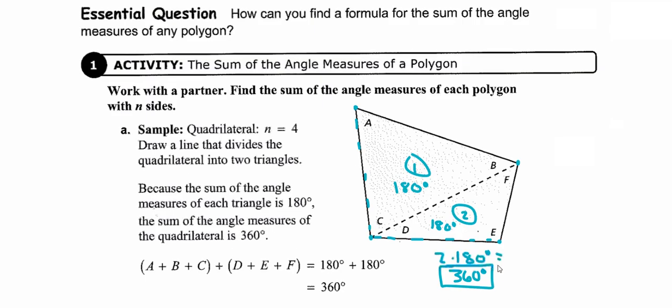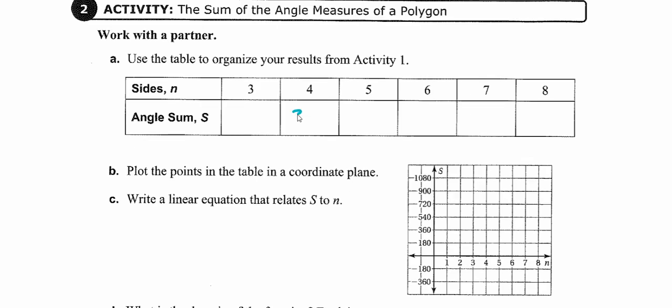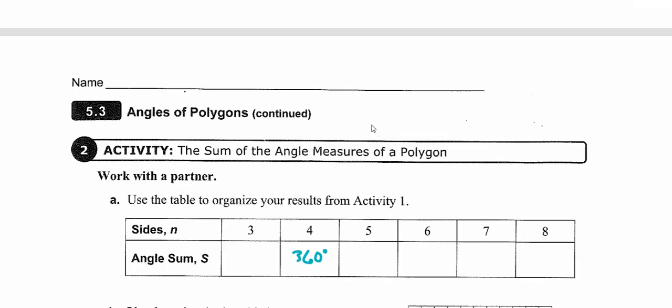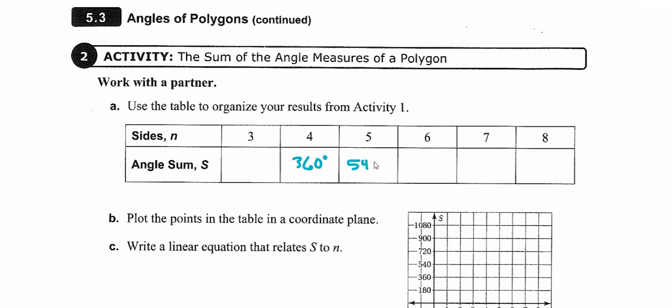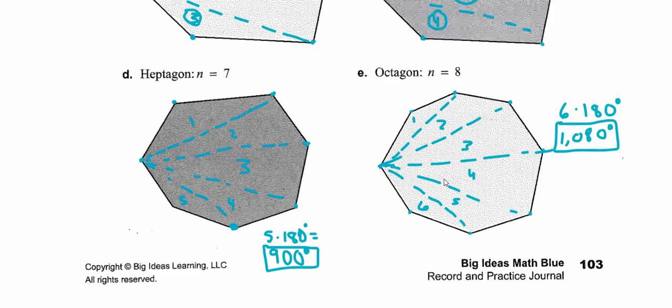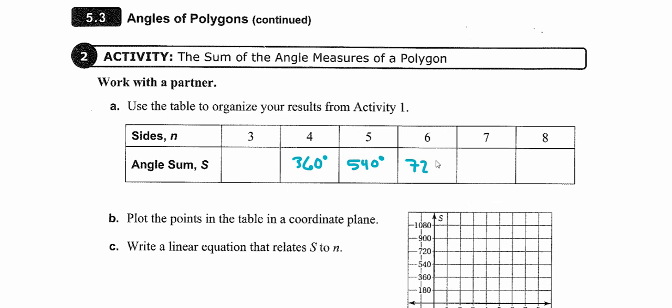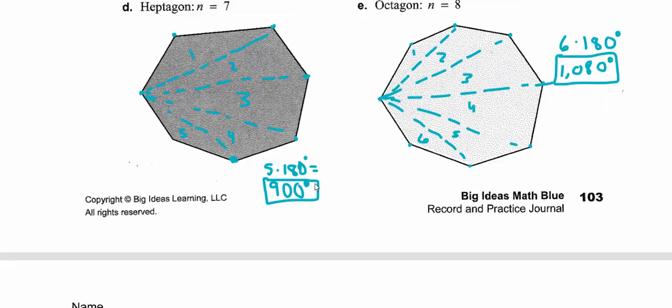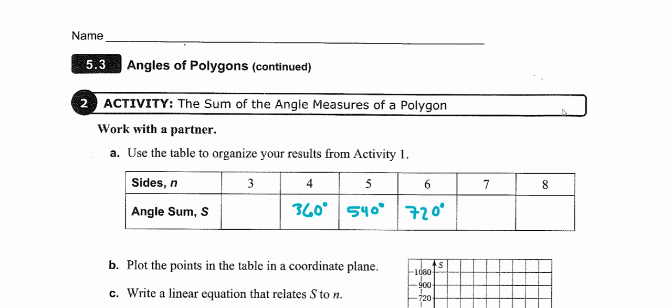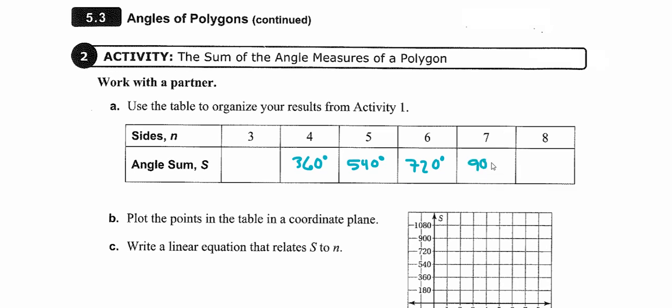So 4 sides was 360 degrees. 5 sides right here was 540 degrees. 6 sides right there was 720 degrees. 7 sides was 900, and 8 sides was 1080. And of course, the interior angle sum of a triangle, so you have 3 sides, is 180 degrees.